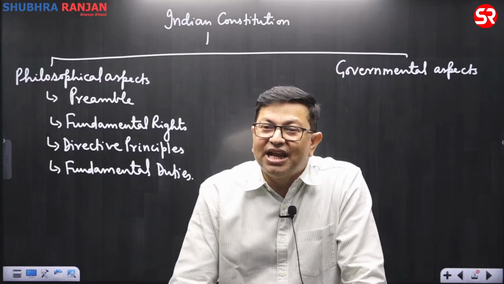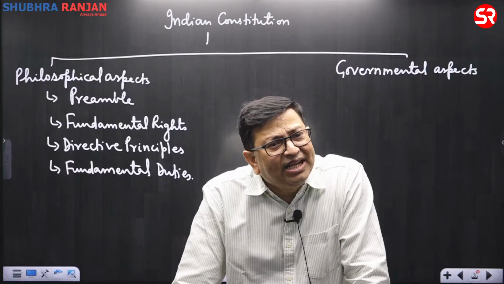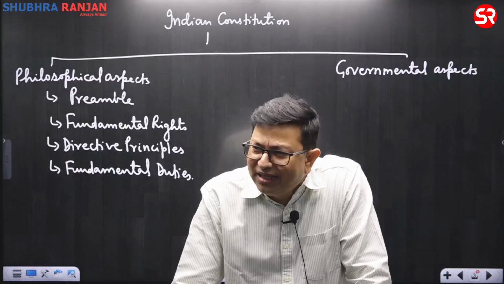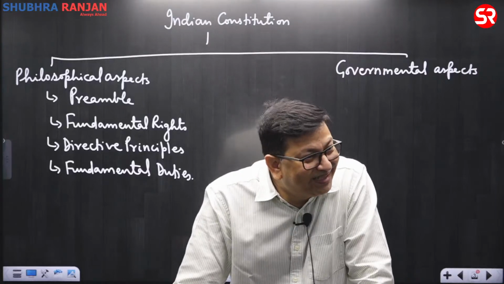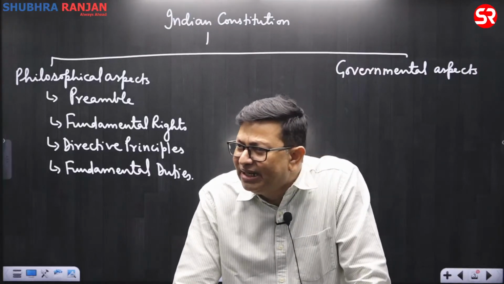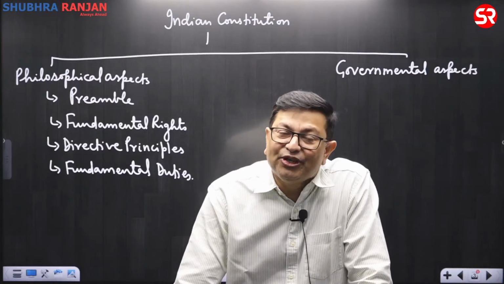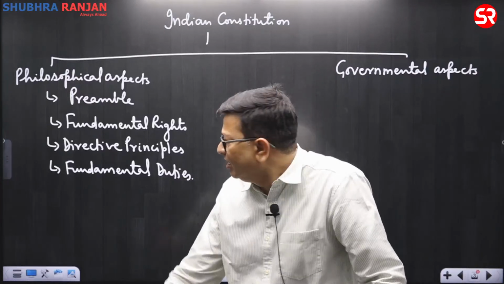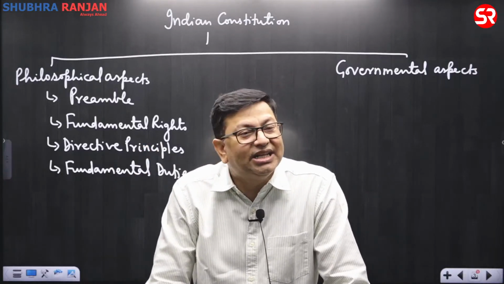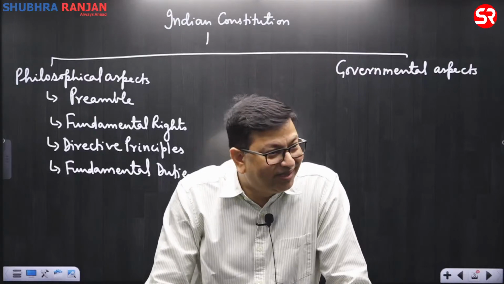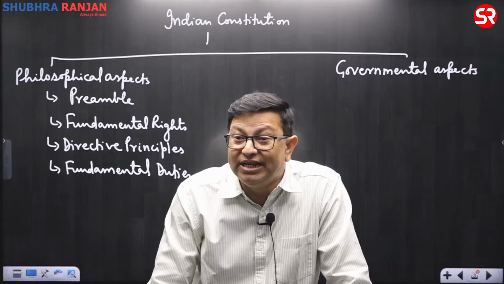The state shall not discriminate among the citizens. If the state will not discriminate, then there will be equality. Similarly, if we talk about the directive principles of state policy, the state shall strive to secure to all its citizens.